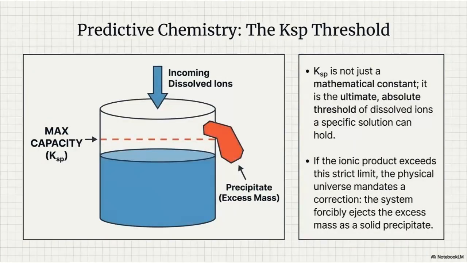Alrighty. So the KSP is not just a math constant. It's going to help us determine if a specific solution can hold the dissolved ions or they're going to precipitate.